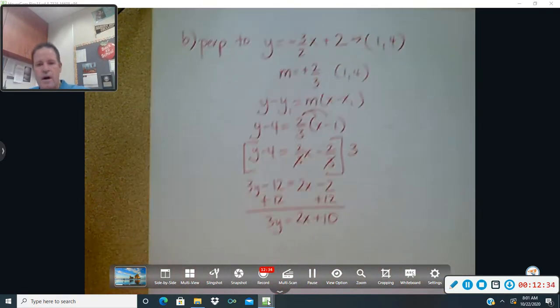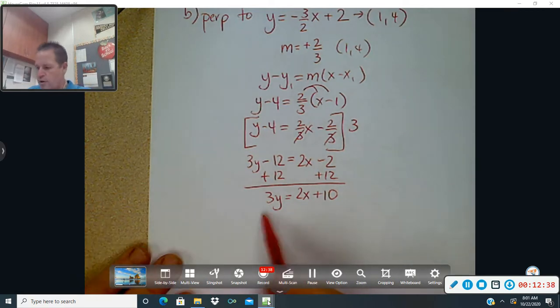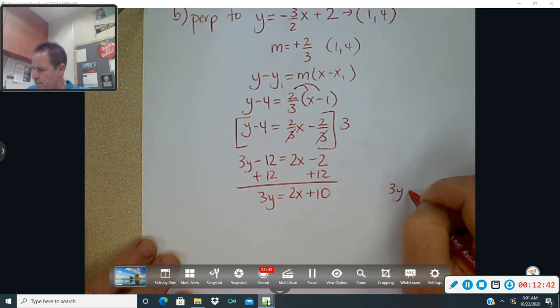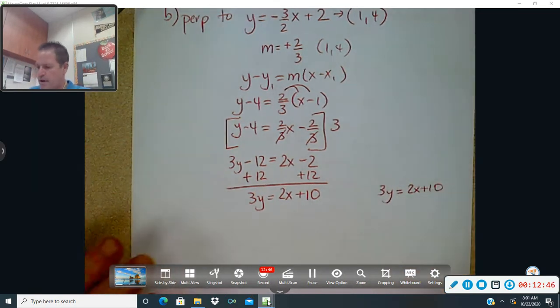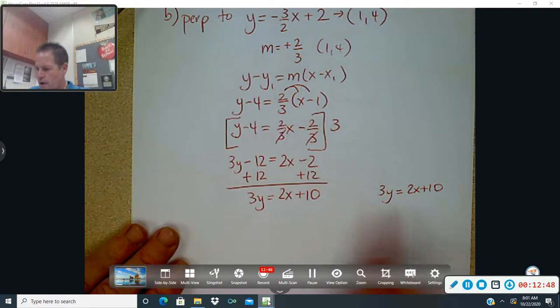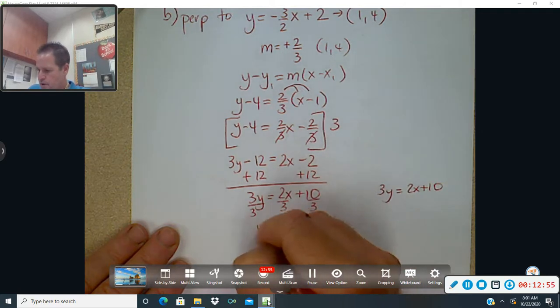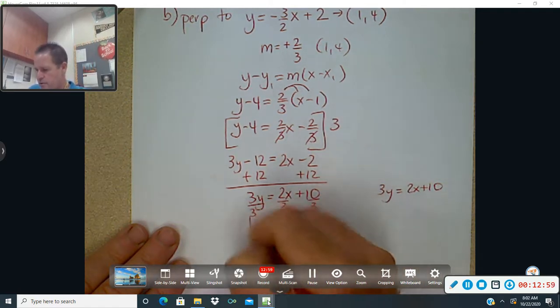Now again, here's where I split that off into two problems. I'll do slope-intercept out of this one, and then I'll do standard form out of this one, because again, I've already gotten rid of my fractions, so there's no reason to get rid of them again. So I'll just write it twice, and then this will give me slope-intercept, dividing everything by 3. So I have y equals 2/3 x plus 10/3.